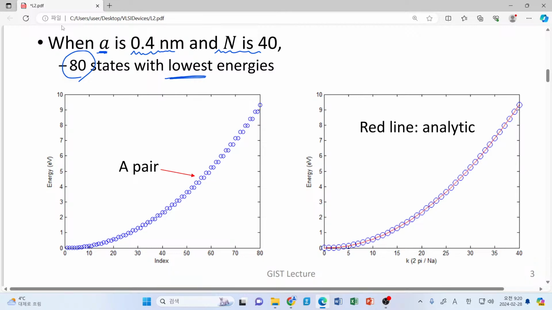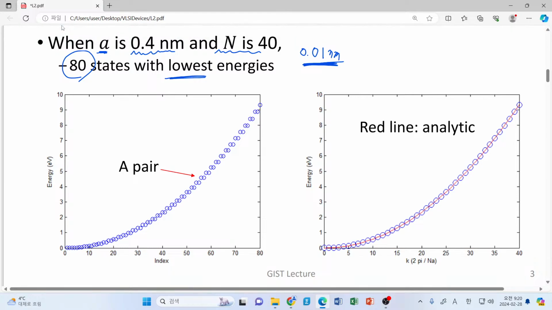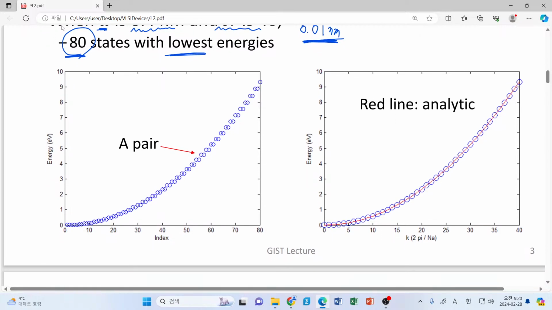Since my real space discretization was done with this number, actually I have 1600 eigenvalues, but I just collected the lowest, the first 80 states. So this is the result.